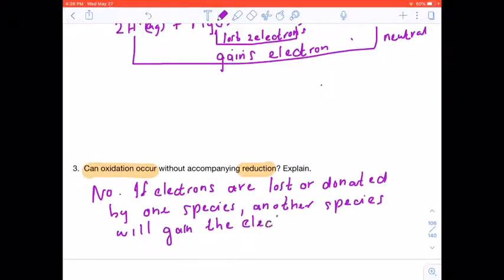So it cannot happen in isolation. One species donates electrons and the other species gains electrons.